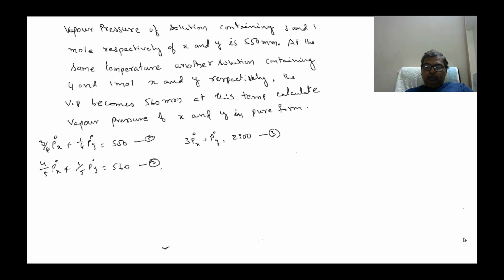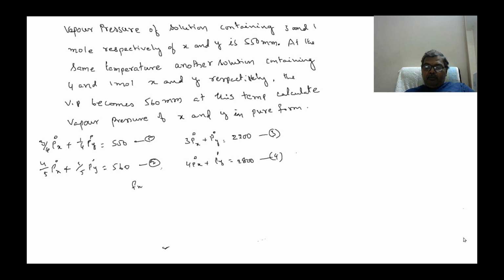Next, multiply the second equation with 5. Then 4 P naught X plus P naught Y is equal to 4 multiplied with 5, 2800.